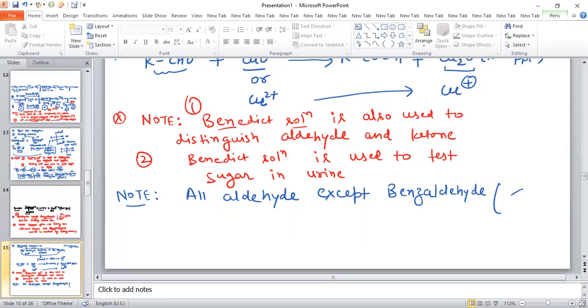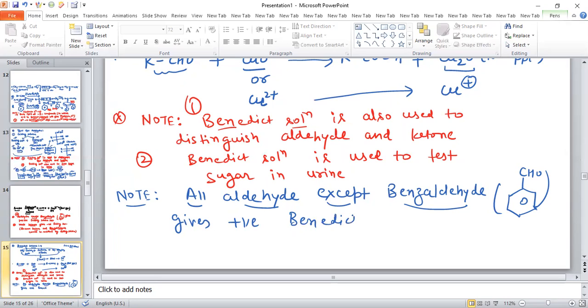What is benzaldehyde? Benzaldehyde is basically benzene with a CHO group on this benzene. So all aldehydes except benzaldehyde give a positive Benedict test.